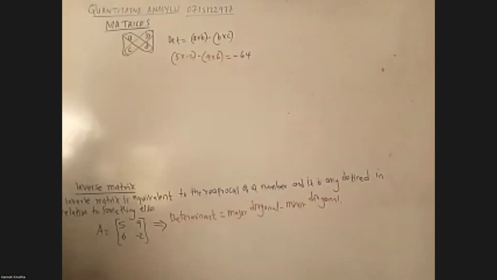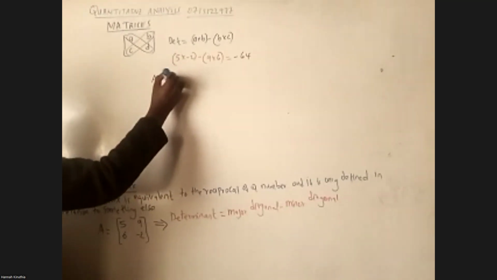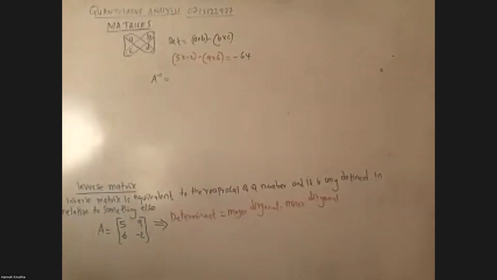And then we interchange the items. If this was matrix A, then for you to get the inverse of that matrix, the inverse is given in that format.